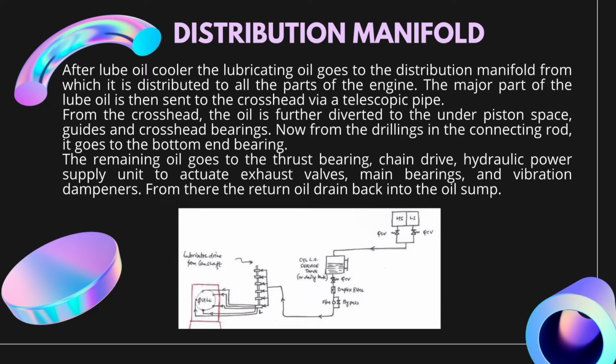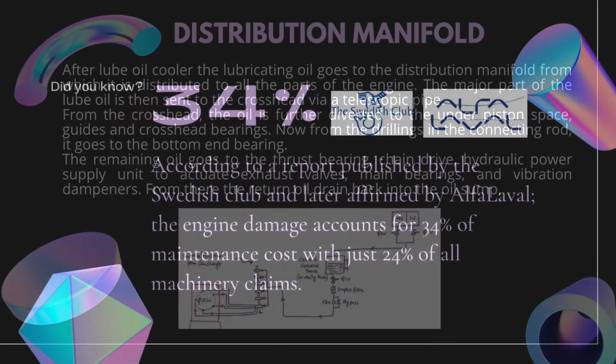Now, from the drillings in the connecting rod, it goes to the bottom end bearing. The remaining oil goes to the thrust bearing, chain drive, hydraulic power supply unit to actuate the exhaust valves, main bearings, and vibration dampers. From there, the return oil drains back into the oil sump.